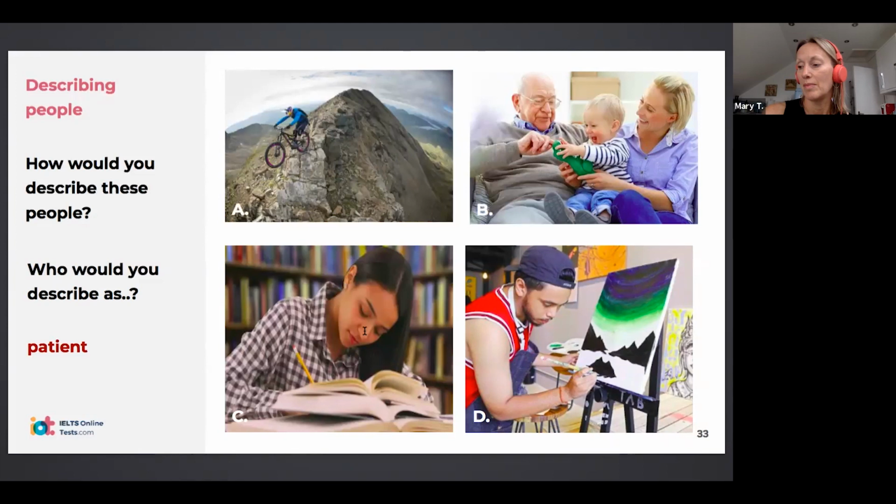You're done with these pictures, okay. Thank you for that. So patient is probably D. D, yes, it could be D. It could be C. I think, in fact, probably B, C, and D. Okay, and then generous. B. Yeah, generous. So generous, you could say he's generous with his time, this old man.